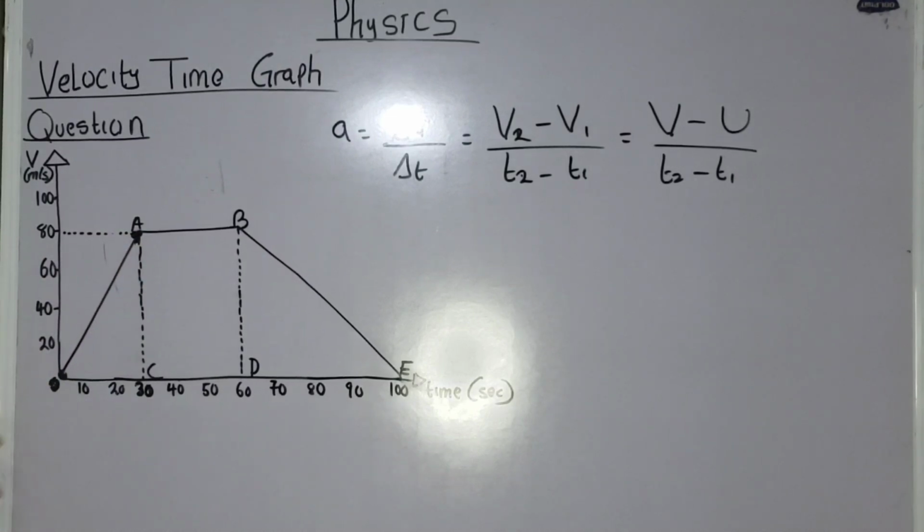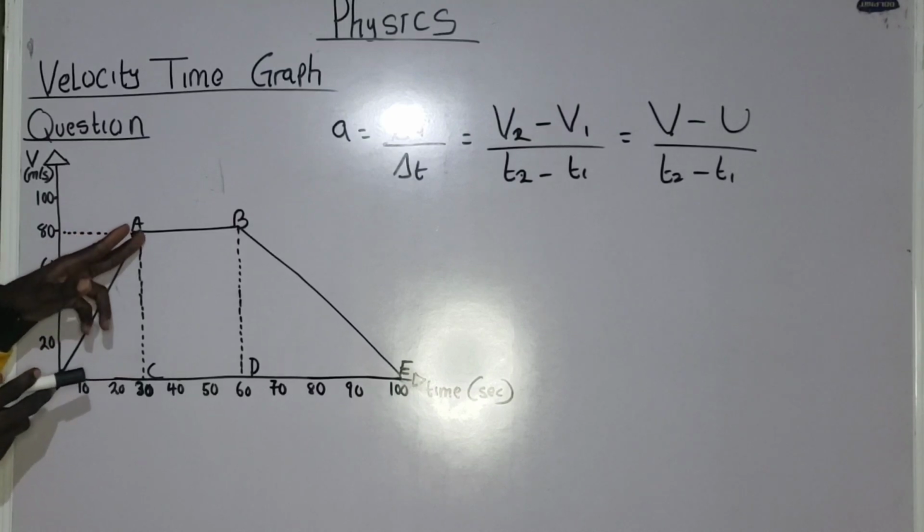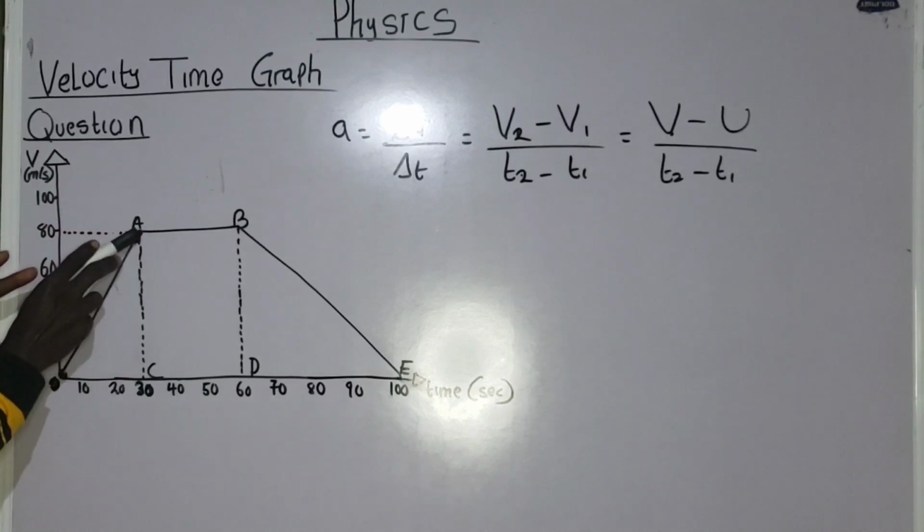We are asked to determine the acceleration for the first 30 seconds. Acceleration causes an object to increase its velocity. So because of the acceleration, this object changes velocity from 0 to what? To this point. The velocity at this point is 80.